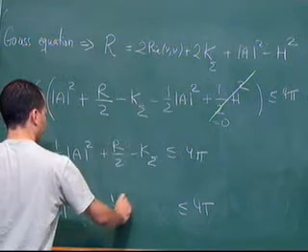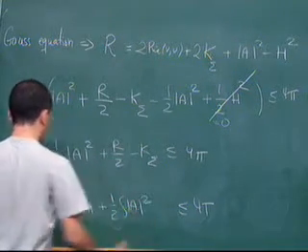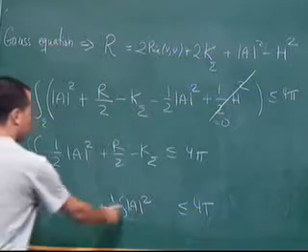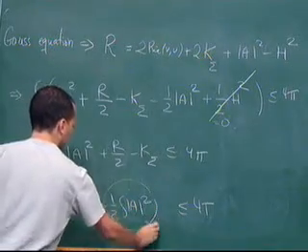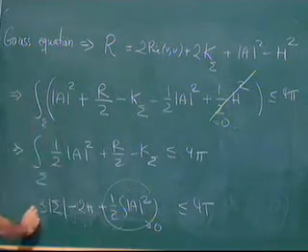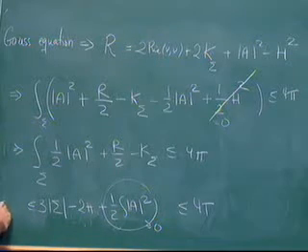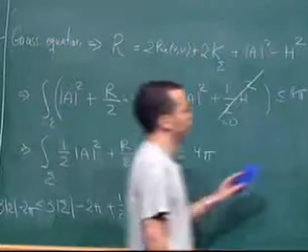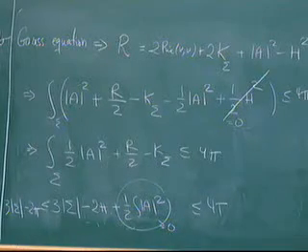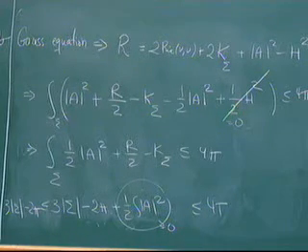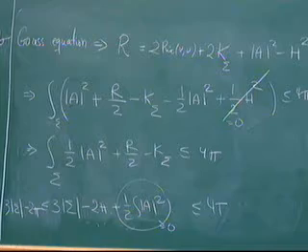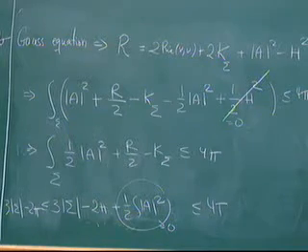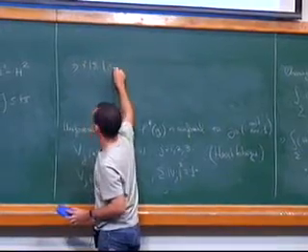Plus 1/2 of the integral of |A| squared. And the conclusion from here is that this guy is non-negative. So this is greater than or equal to 3 times the area minus 2 pi. And from that I get that 3 times the area is at most 6 pi.